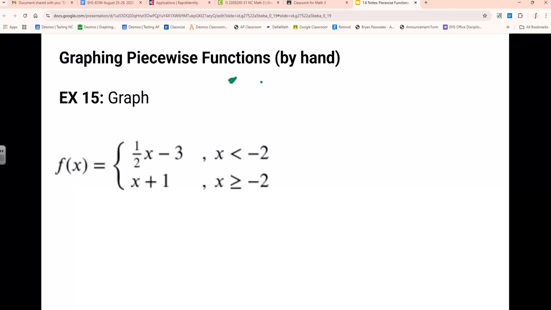Whenever you're graphing a line, that is the form y equals mx plus b. What is that m? Slope. What is the b? Y-intercept. Okay? Y-intercept is where it crosses the y-axis, right? How do I do slope?